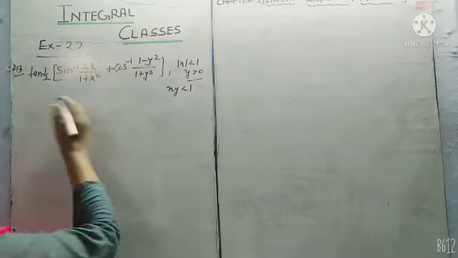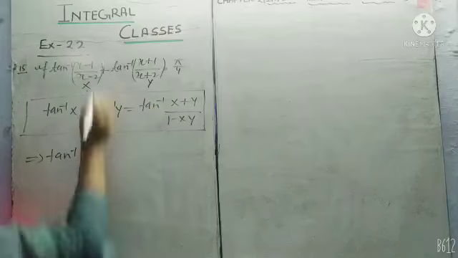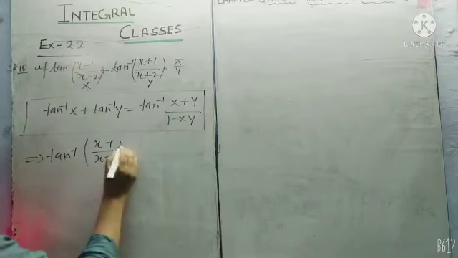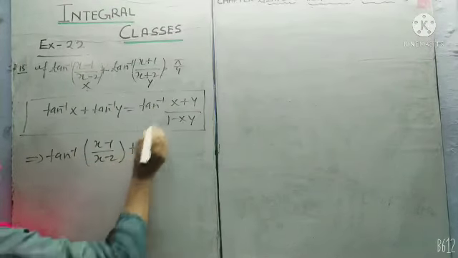So X is this and Y is this. Now we will put the values in this formula. Then we will get tan inverse of X, which is (x minus 1)/(x minus 2), plus Y, which is (x plus 1)/(x plus 2), upon 1 minus XY, that is 1 minus (x minus 1)/(x minus 2) times (x plus 1)/(x plus 2).